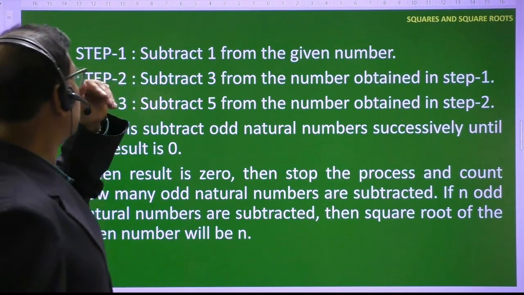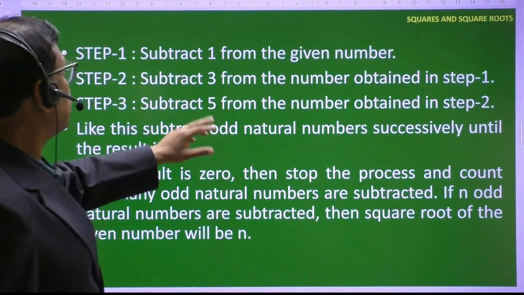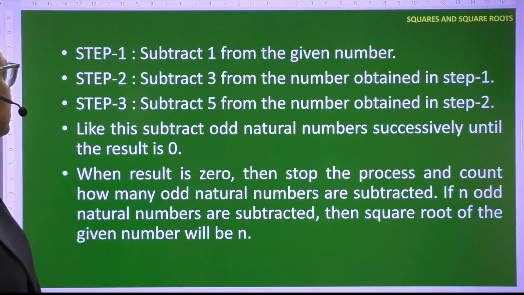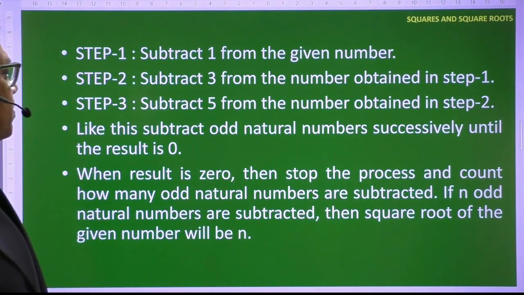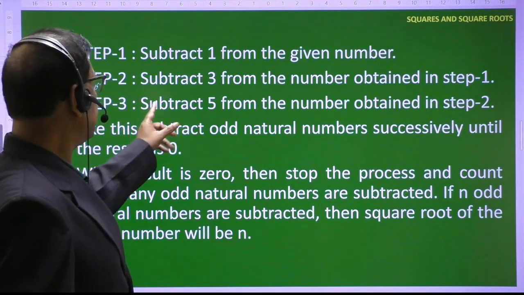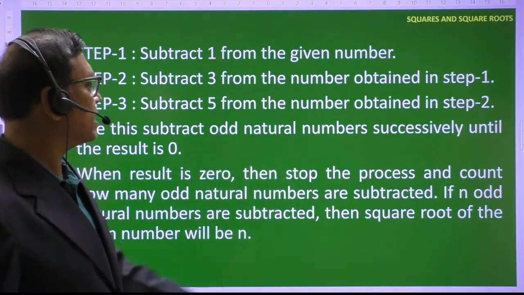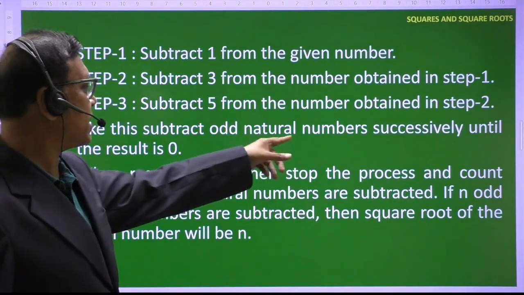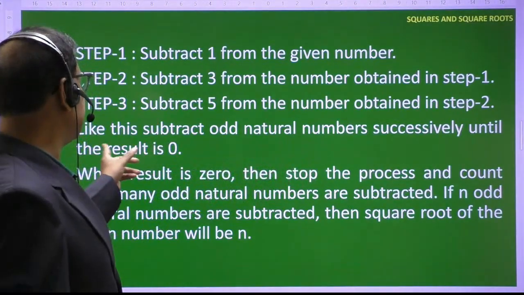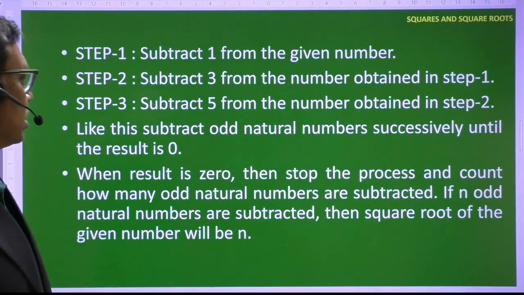So step 1 for this: subtract 1 from the given number. Step 2: subtract 3 from the number obtained in step 1. Step 3: subtract 5 from the number obtained in step 2. Like this, subtract odd natural numbers successively until the result is 0.